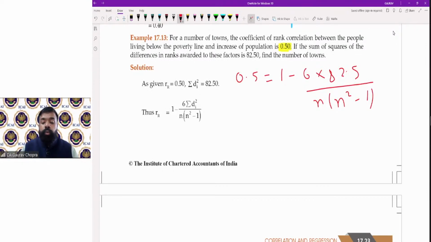Now here you have to calculate the value of n. n का value calculate करना है. So 6 into 82.5 and then divided by 0.5. So it will become n cube minus n is equal to 990.